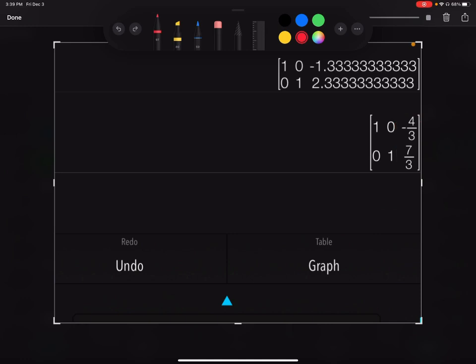Let's remember how you change a matrix into a system of equations. So remember, your first column is x, your next column is y, and then you have the solid numbers on the other side. So what if I change this into an equation? It would be 1x, there's no y, so you wouldn't put y, then you have equals -4/3.